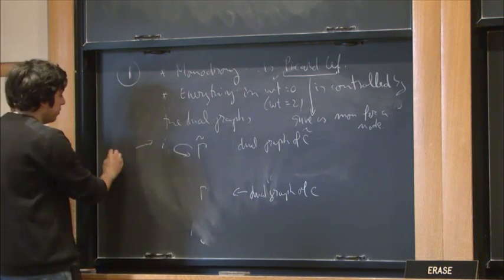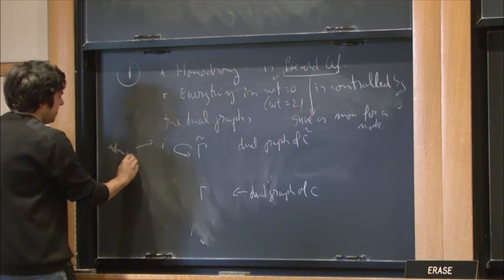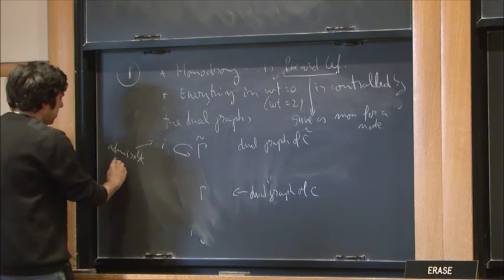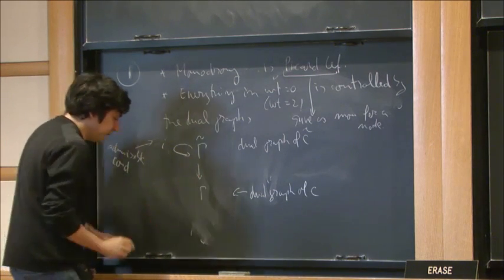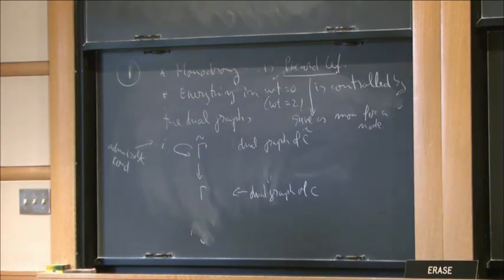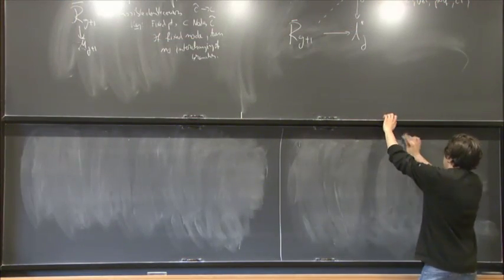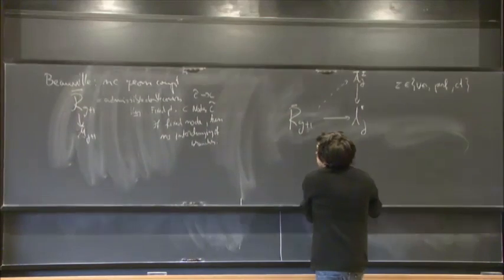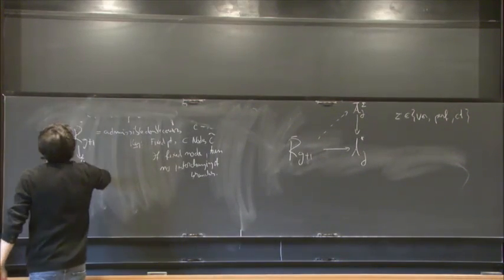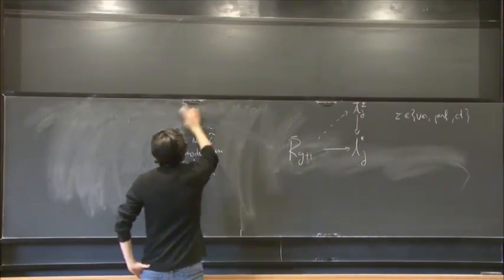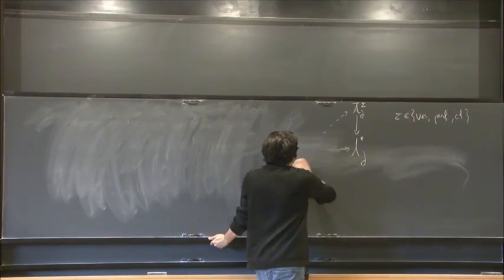So in fact, you have some sort of covering map there in terms of dual graphs. The two key claims are, let me just put them there and then explain.